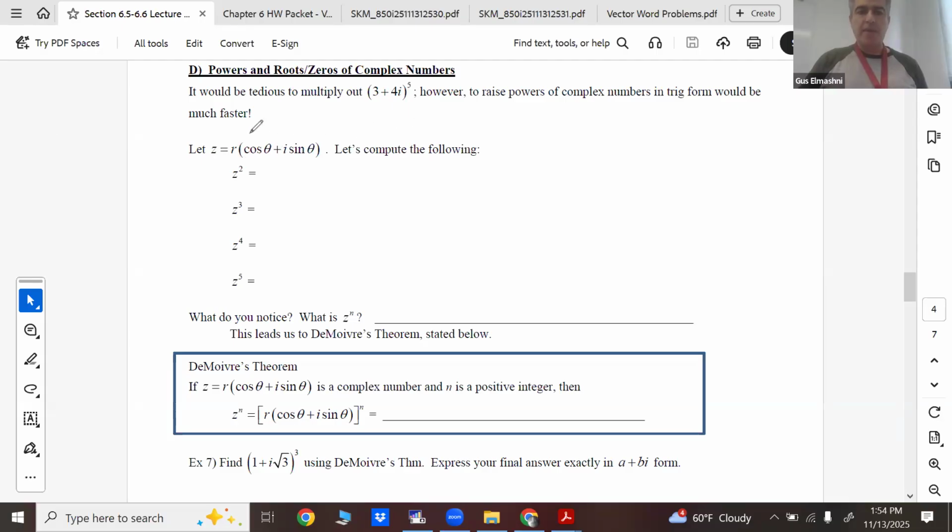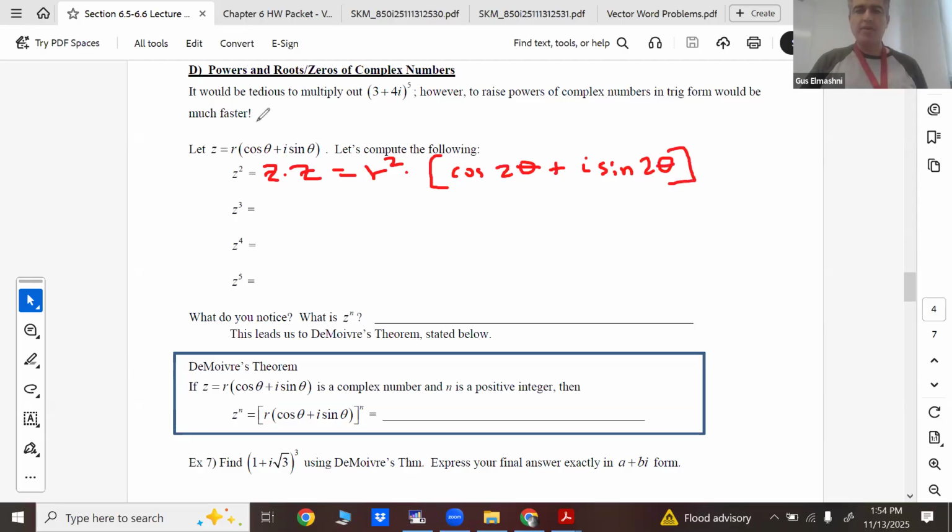So if you think about what's happening here, z squared is r squared times cosine 2 theta plus i sine 2 theta.